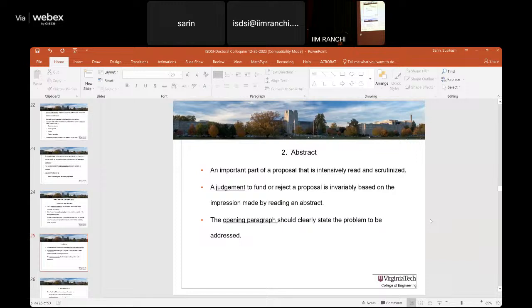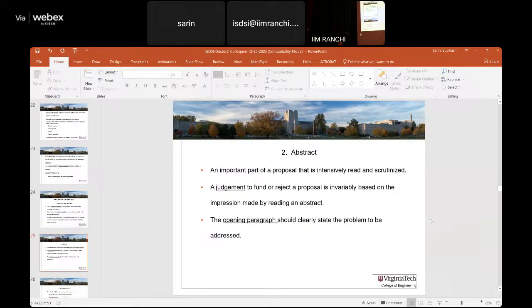Like I said before, abstract is very important. Many times a proposal can be declined just because the abstract is not written properly. It is an important part of the proposal. It is scrutinized the most.